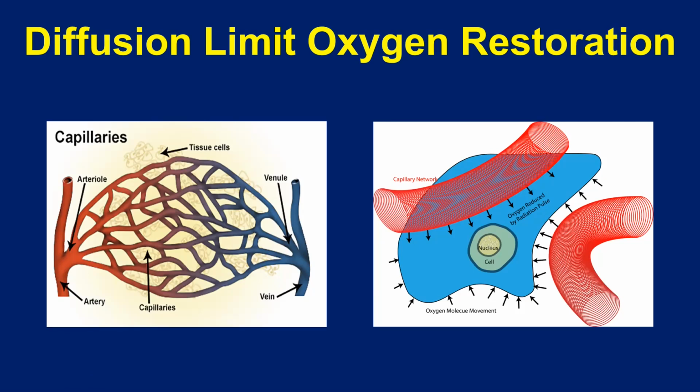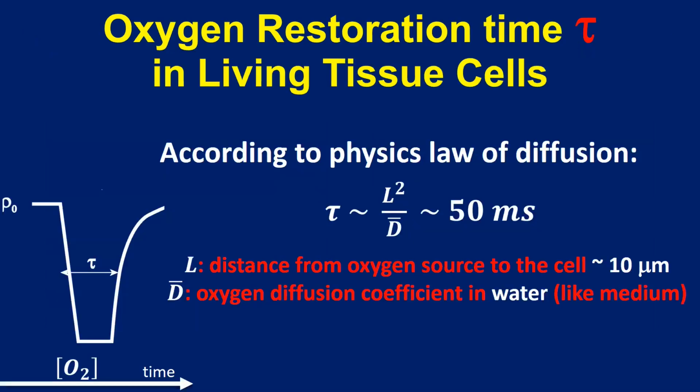When radiation-induced oxygen depletion happens, oxygen molecules from surrounding high oxygen tension regions, particularly from nearby capillaries, will diffuse back into this oxygen-depleted region. According to the physics law of diffusion, tau, the characteristic time for oxygen molecules to travel over distance L, is of the order of L squared divided by D. Here D is the oxygen diffusion coefficient.